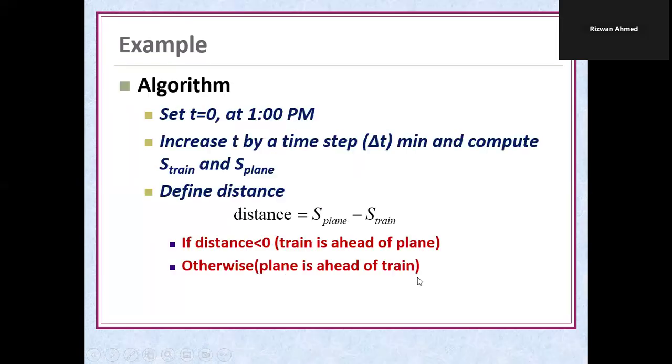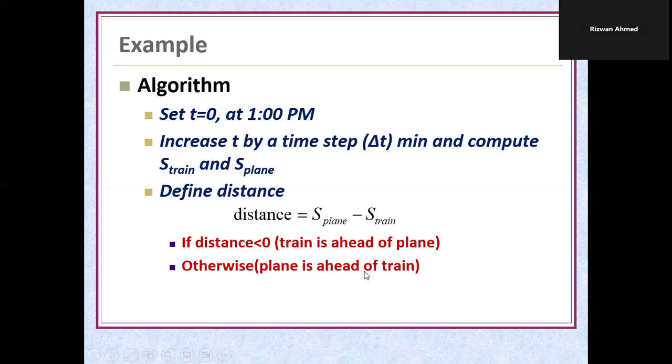So the strategy is that we set the time t equals 0 at 1 p.m. and increase time by small steps in minutes and compute S train, the distance traveled by the train, and S plane. And we'll define a distance S plane minus train. If the distance is less than zero, then the train is ahead of the plane.